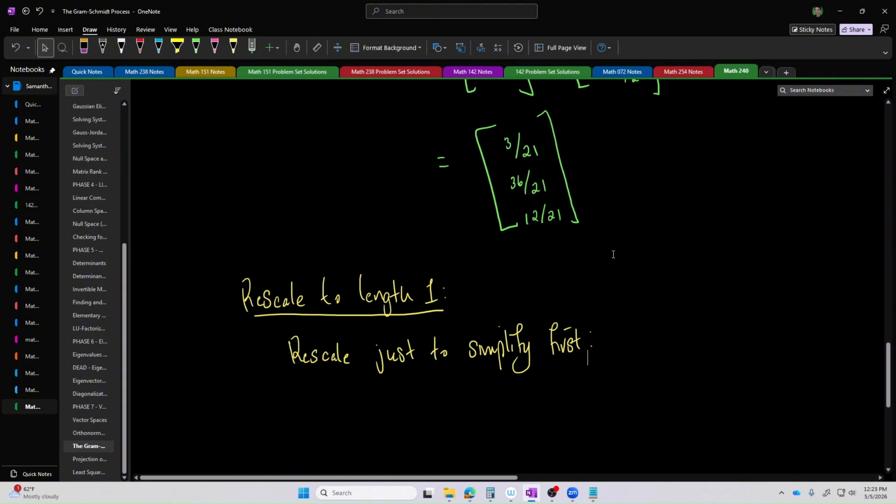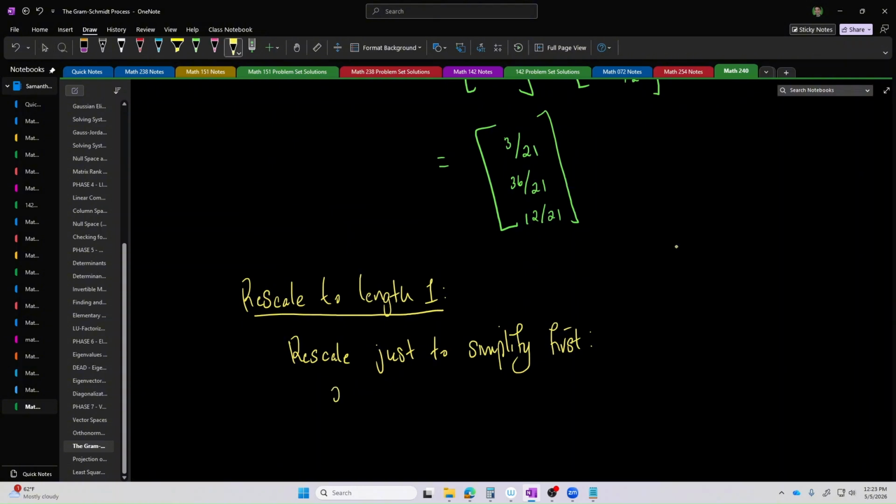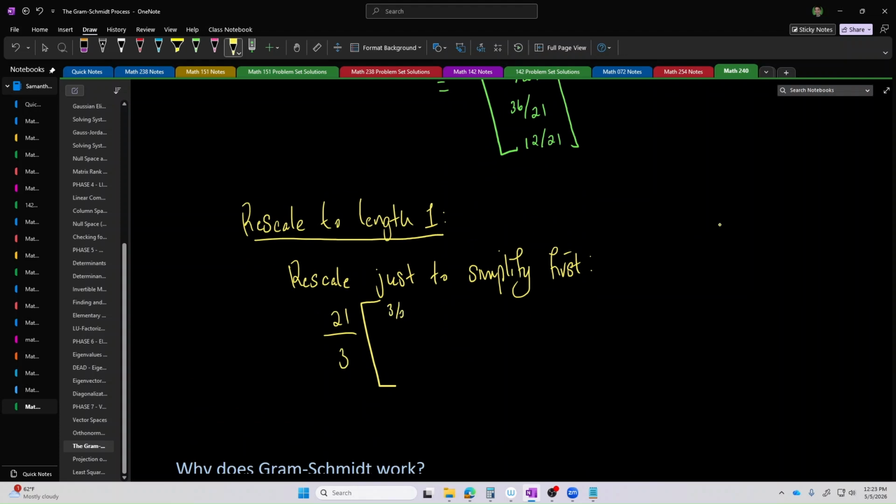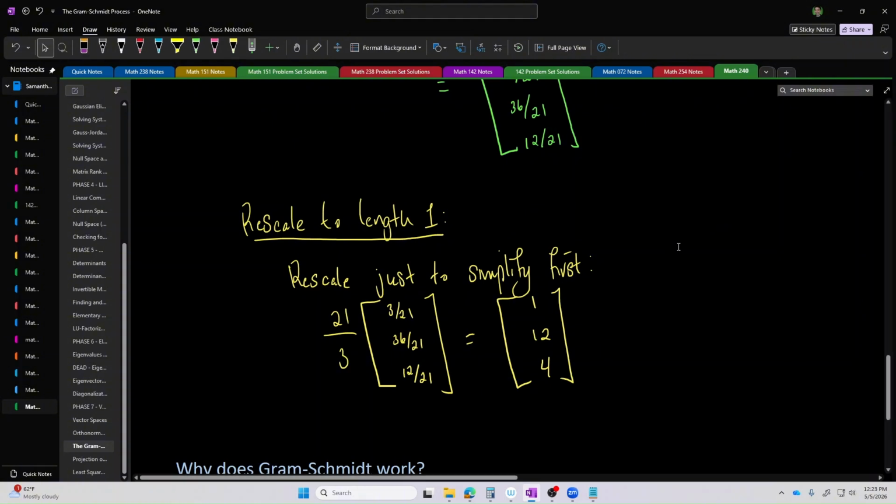I'll take this vector, for example, and multiply it by 21 over 3. And that action will turn my vector into 1 in the top position, 12 in the center position, and 4 in the final position.